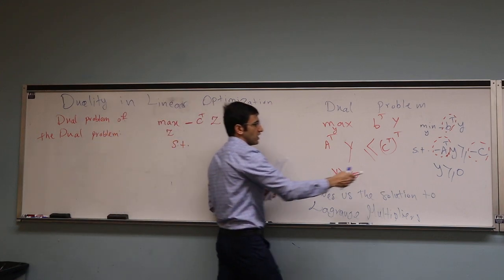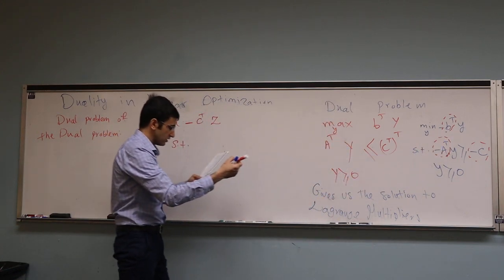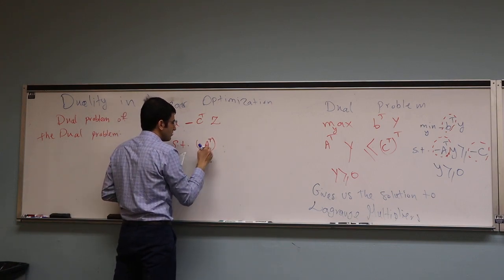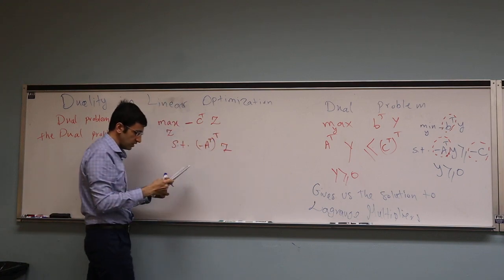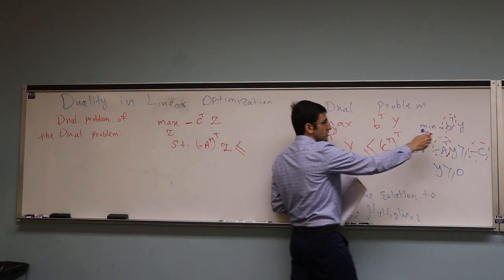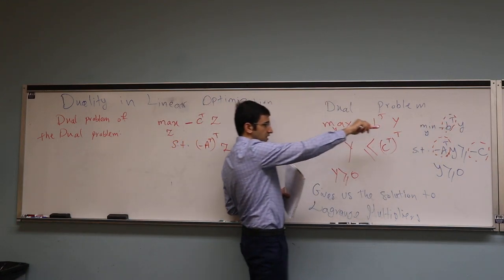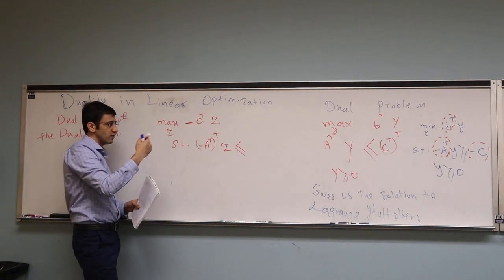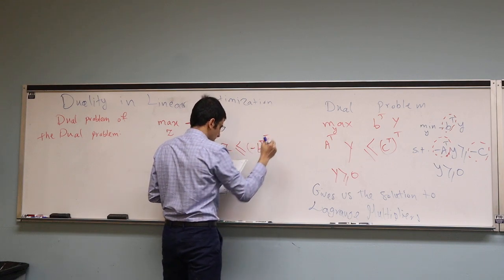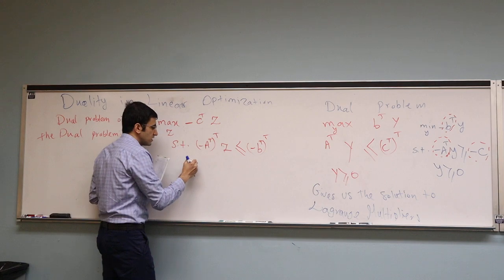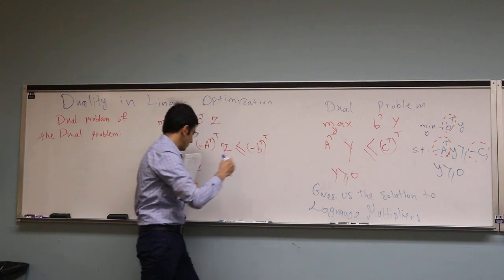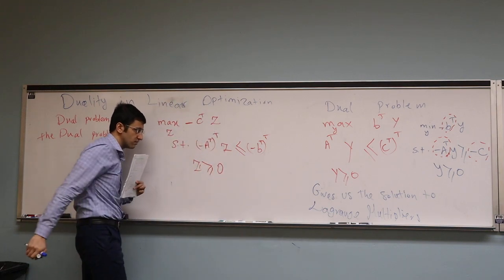Now we have to find the transpose of this coefficient matrix, so it will be minus A, it's already minus A transpose, we have to find this transpose, multiplied by Z is less than or equal to. Again, we look at the coefficients that appear in the objective function and find their transpose, so it will be minus B transpose, transpose. And because the Z's are Lagrange multipliers corresponding to an inequality constraint, they are all positive.